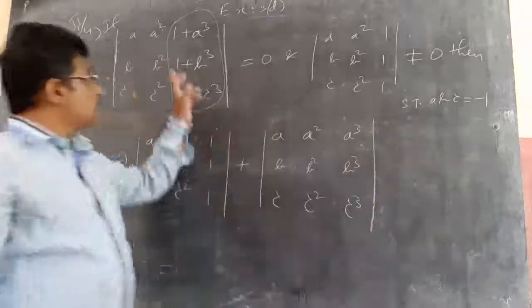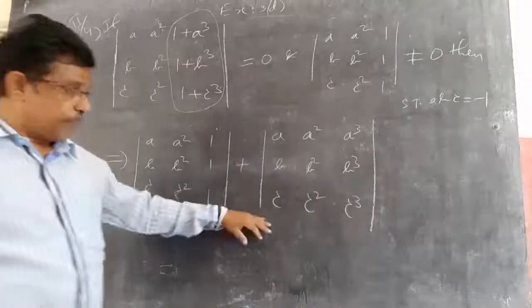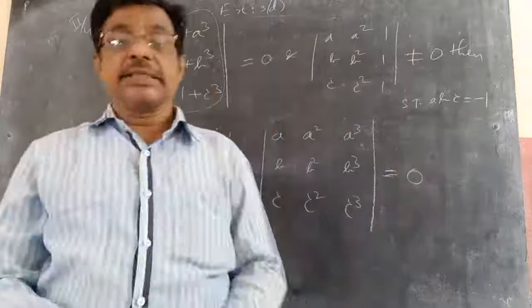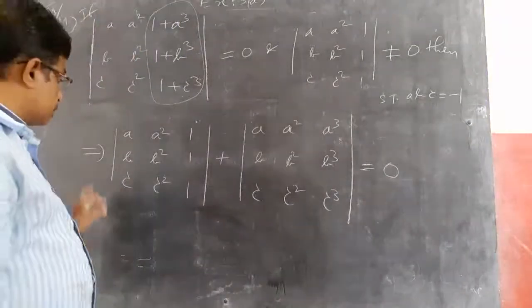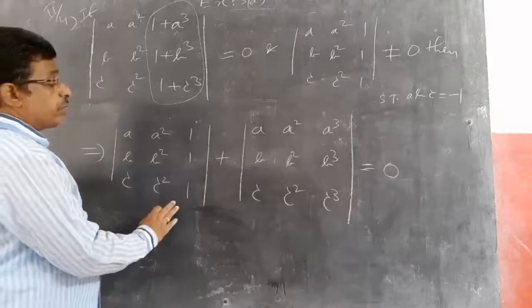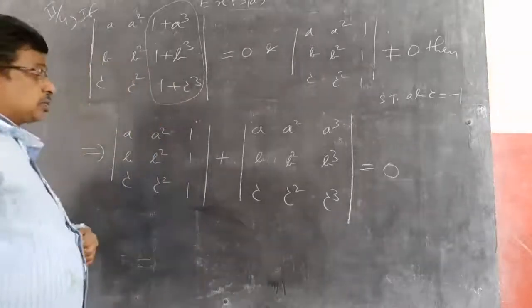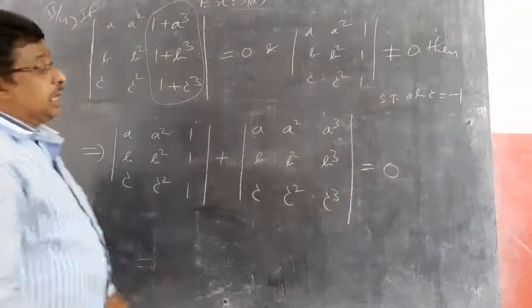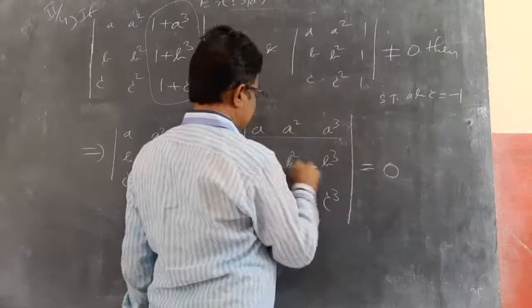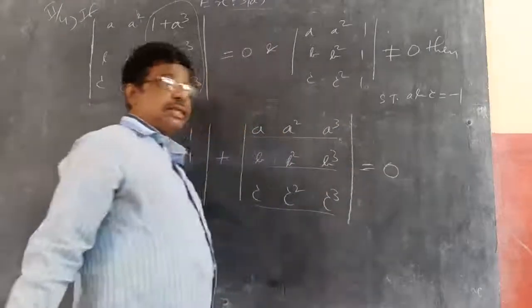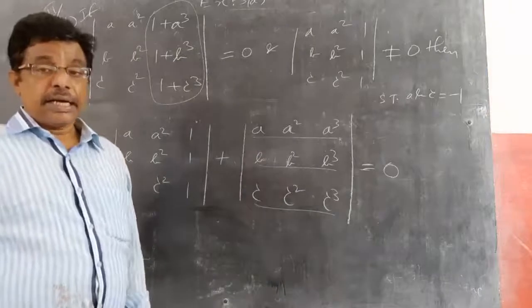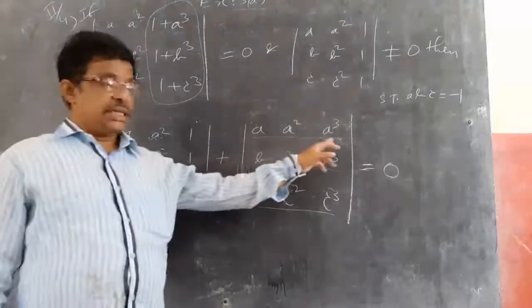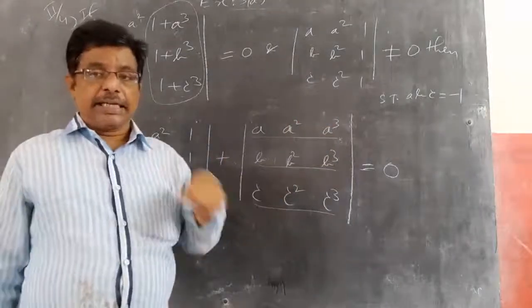Now here I can take a common, b common, c common. According to our third property, if any row or column has some common factor k, you can take that k common.